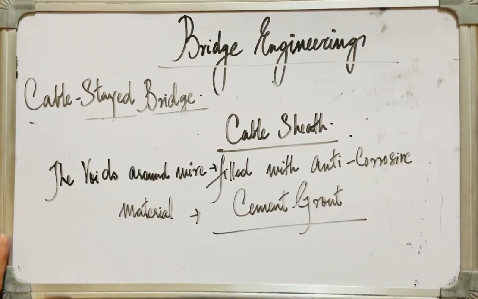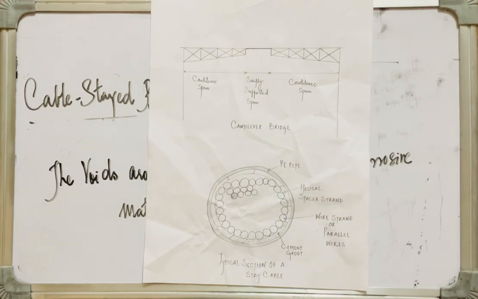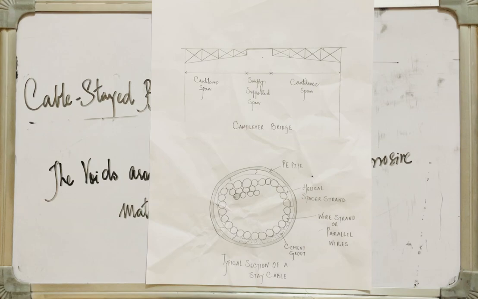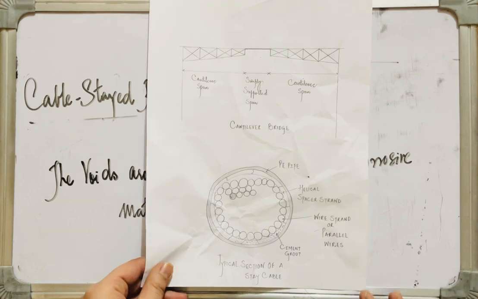When we place these cables inside the black polyethylene tubes, we go on filling the voids, if any, between these cables by means of a cement grout, which is essentially an anti-corrosive material.